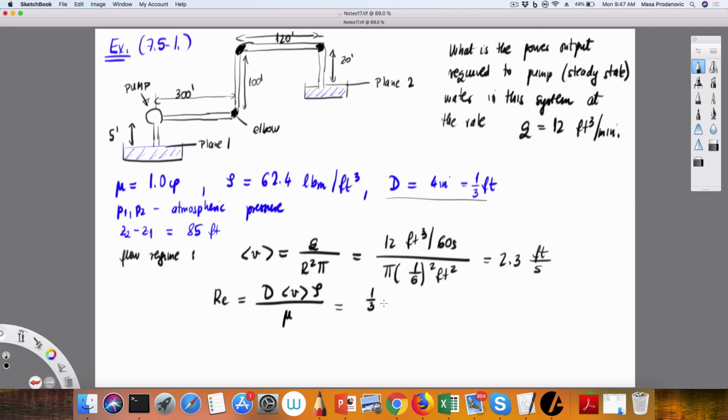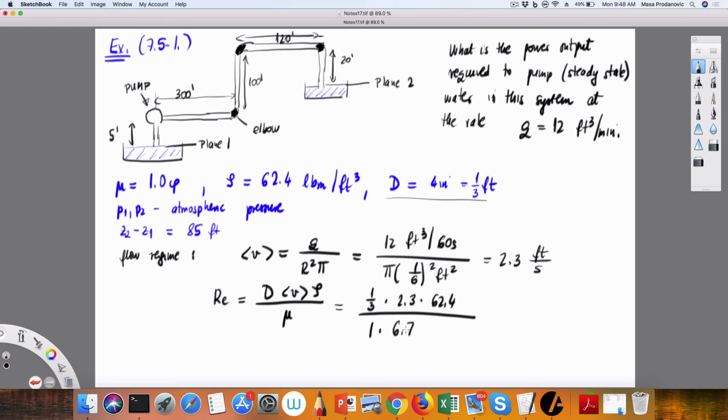So 1/3 times 2.3 times 62.4 divided by mu, and there's a conversion factor, by the way, that you can find for mu.